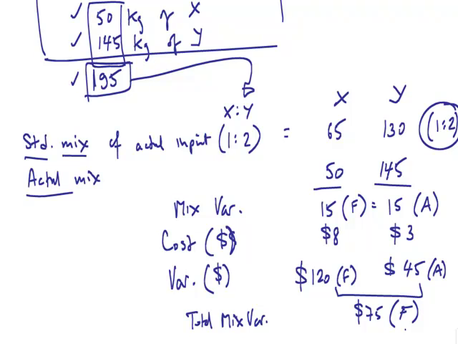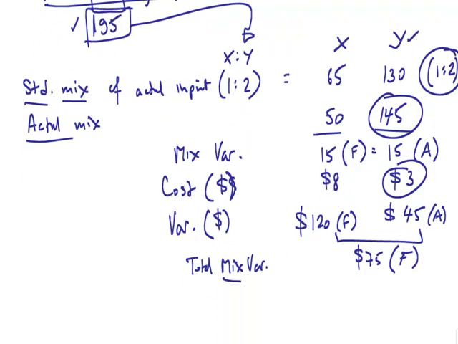The interpretation here is that we've substituted more of the cheaper material Y for X, and therefore we have an overall favorable variance relating to the mix.